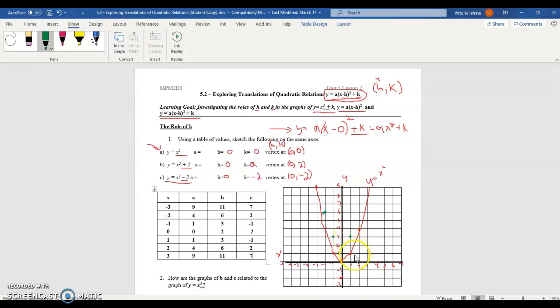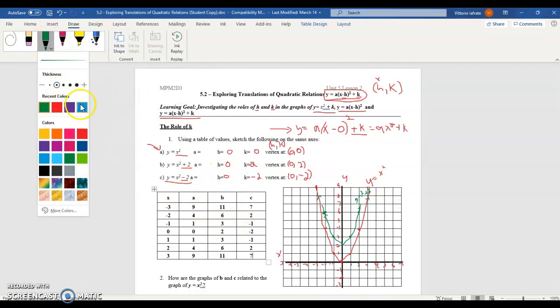When we're at 2, we have 6. And then we can connect those dots together. And of course, you could always extend your graph if you knew other points. Let's extend this one as well. Let's label this one as y is equal to x squared plus 2.